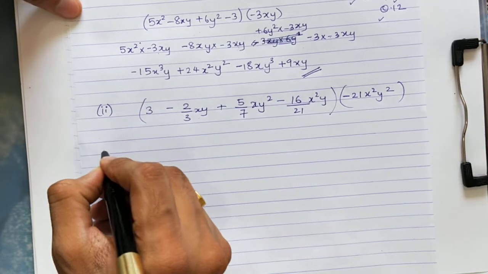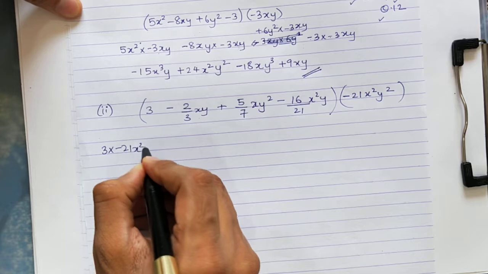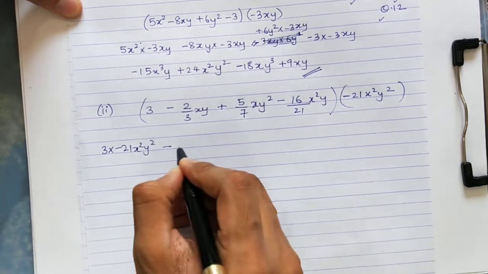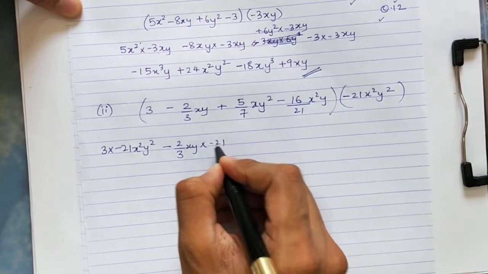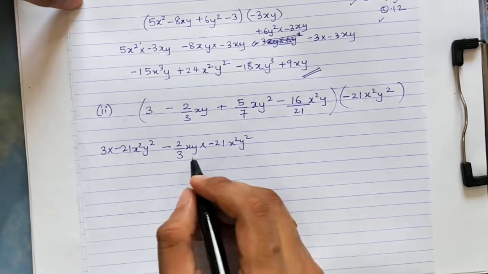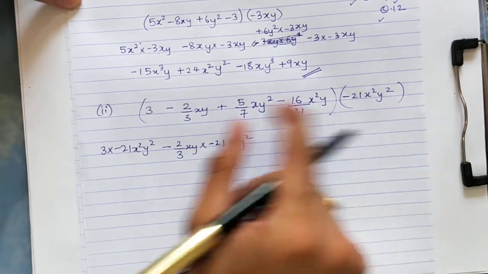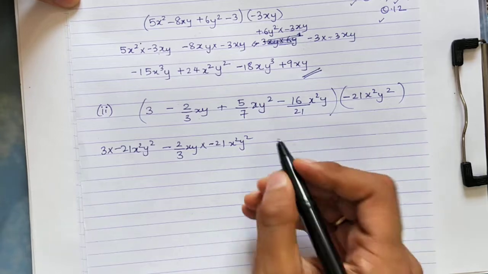So let's write 3 into minus 21x square y square, minus 2 upon 3xy into minus 21x square y square. Okay, see, you can directly also multiply, but it is better to write like this first and then do the multiplication.